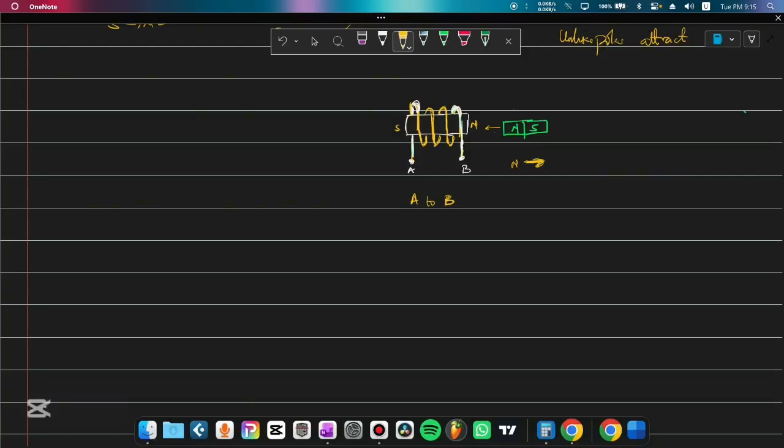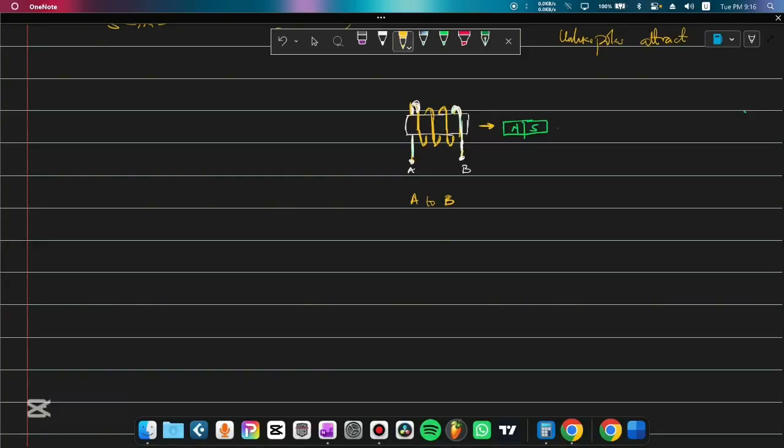What about if this magnet is going out of the coil? It's no longer going in. Let's call it the magnetic field, not the magnet. Let's say the magnetic field is moving out of the coil.